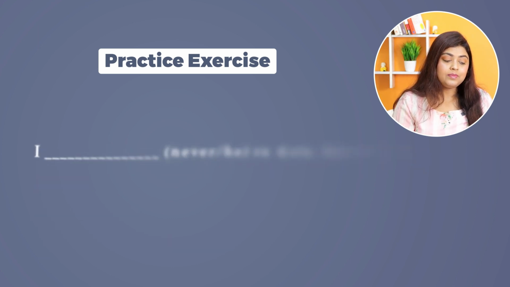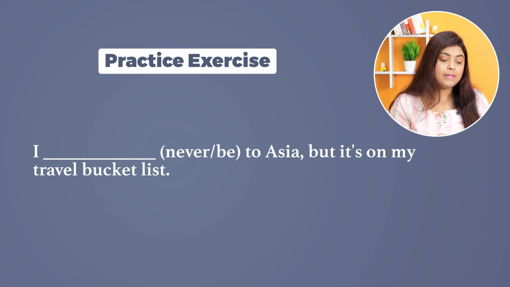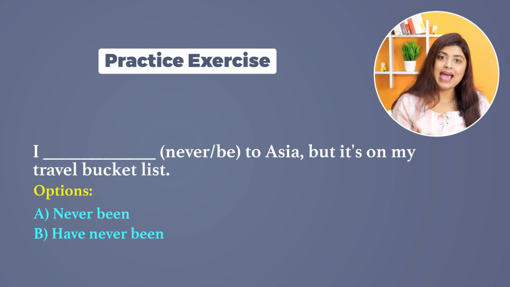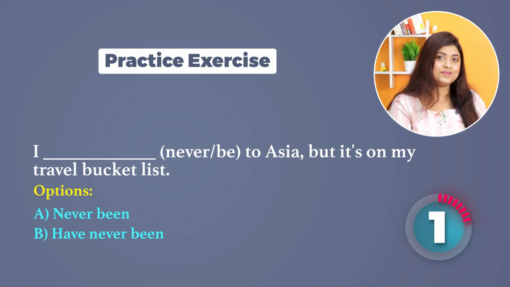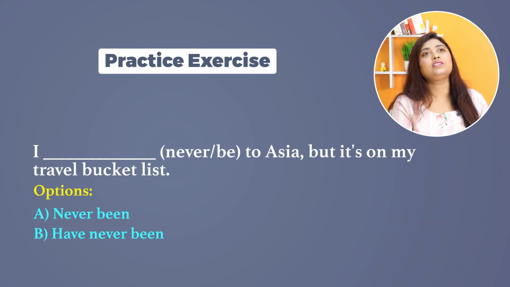Next, I blank, never be, to Asia, but it's on my travel bucket list. Options: never been, have never been. Your time starts now. Guess the correct answer. That means I didn't get the opportunity to visit Asia, but I want to have that experience.